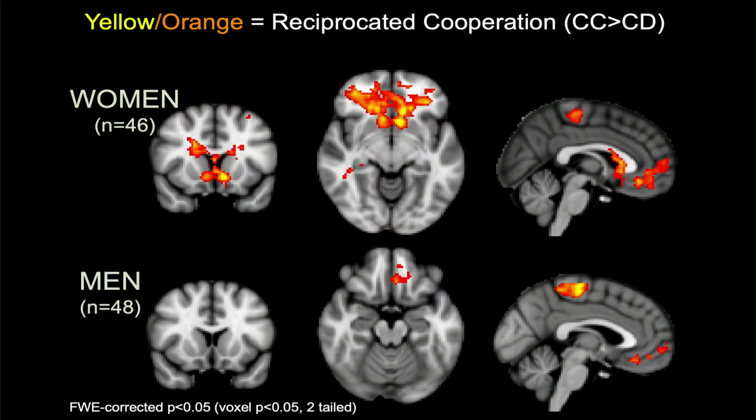So here we're just looking at activation at baseline in the placebo group. What you see are areas of the brain that are more active in response to reciprocated cooperation, which is the positive social interaction, compared to unreciprocated cooperation, which is the negative social interaction. And you can see that in both men and women, there's activation in the medial orbital frontal cortex, which among other things is involved in reward processing.